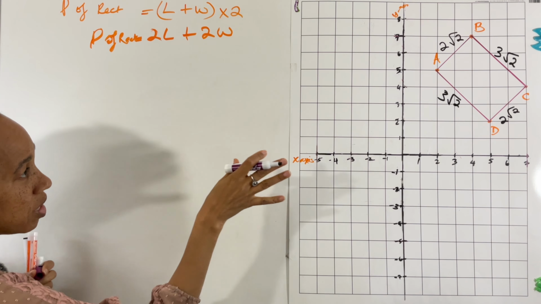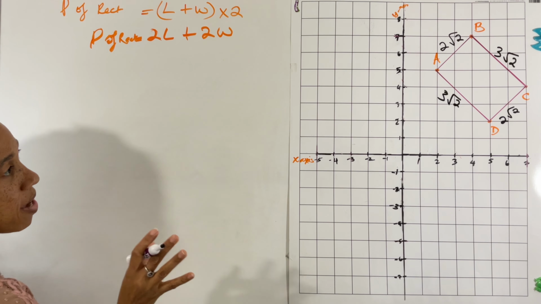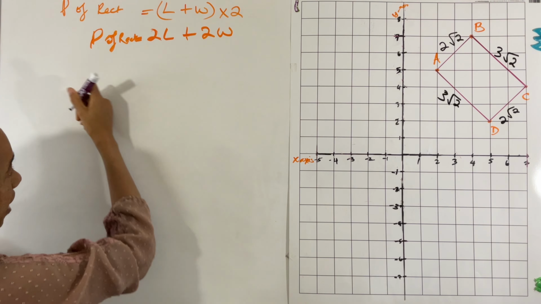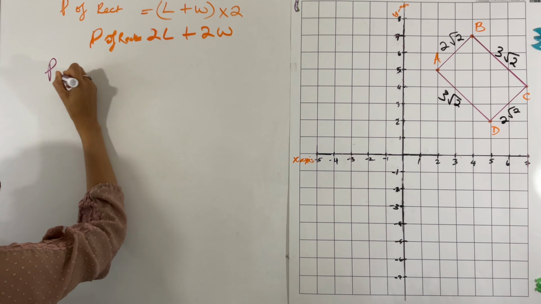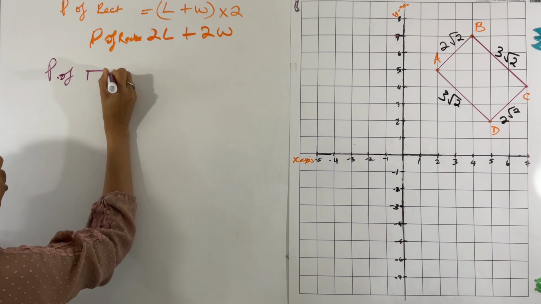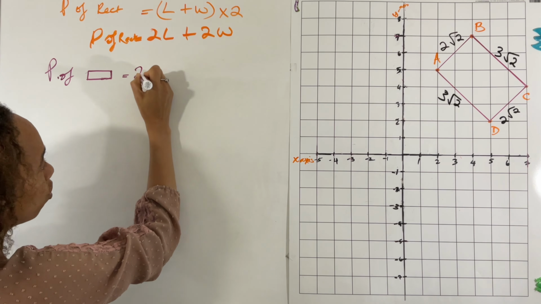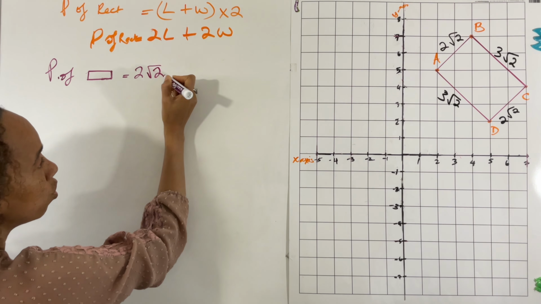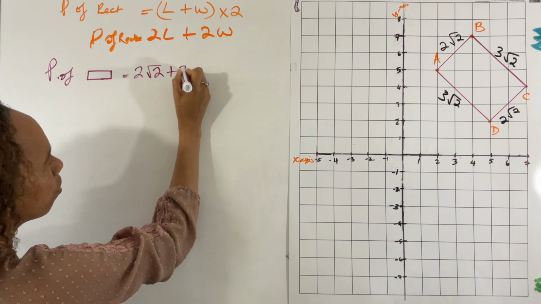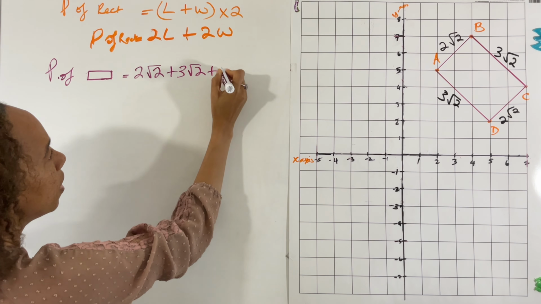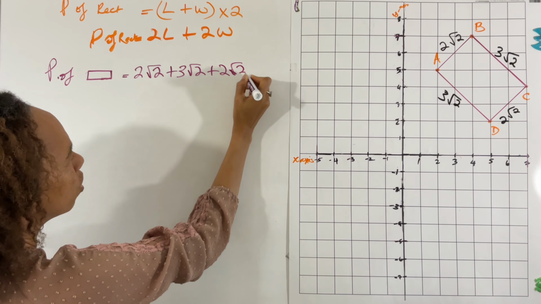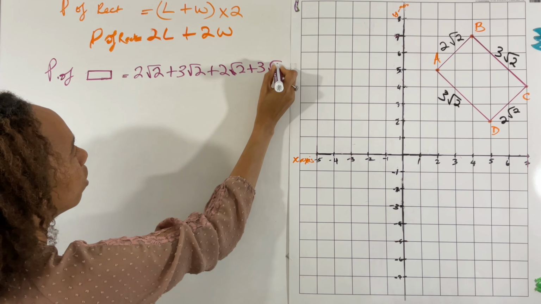We're going to add these measurements so we can find the perimeter of this rectangle. So the perimeter of, and I'm going to draw just the symbol of a rectangle instead of writing out the words. You can do that. 2 radical 2 plus 3 radical 2 plus 2 radical 2 plus 3 radical 2.